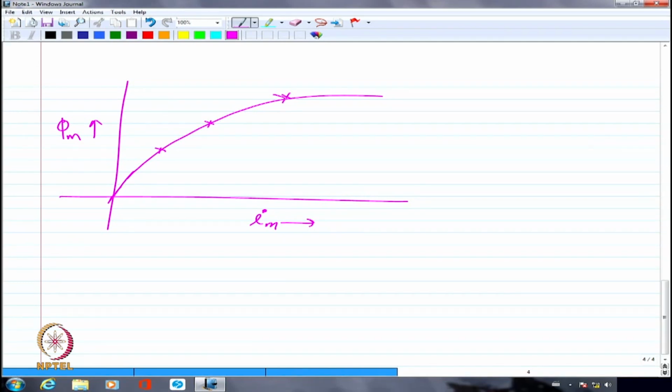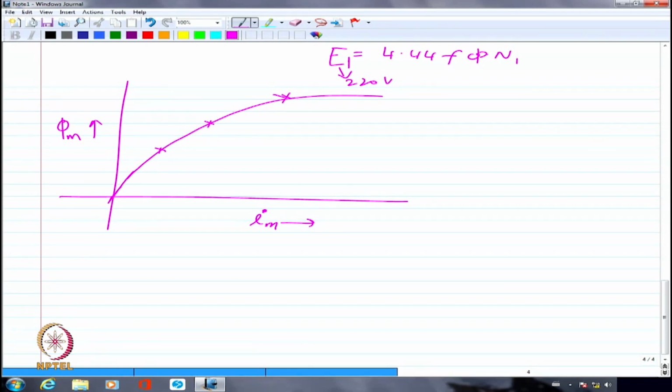But if I am following this particular operating point of, let us say, a 220 volts transformer, you know this equation: E1 equals 4.44 multiplied by F multiplied by phi multiplied by the number of turns N1. Very clearly, for a given voltage and a given frequency, my flux is fixed.